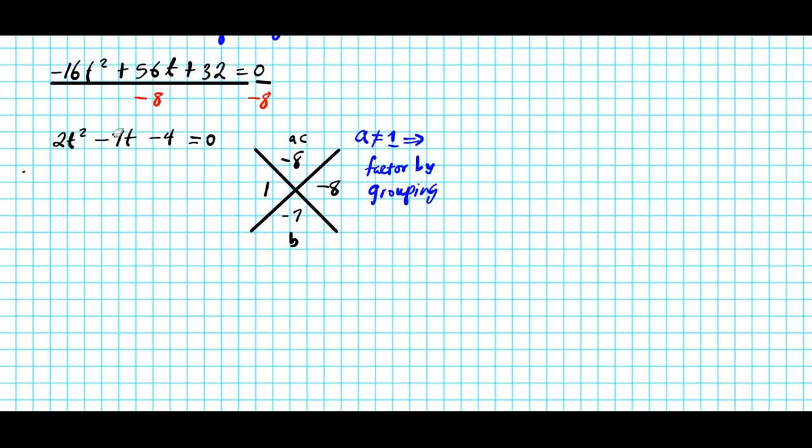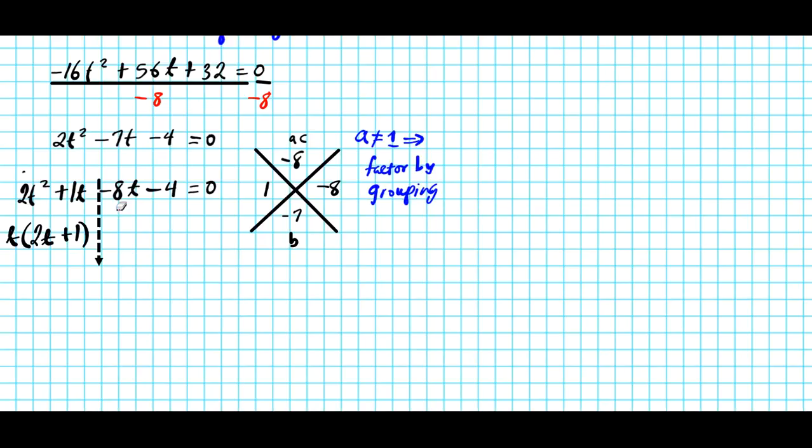We now rewrite this equation as 2t squared plus 1t minus 8t minus 4 equals 0. Now to factor by grouping, we'll divide it down the center. From the first two, we'll factor out the GCF, which is t. We'll be left with 2t plus 1.